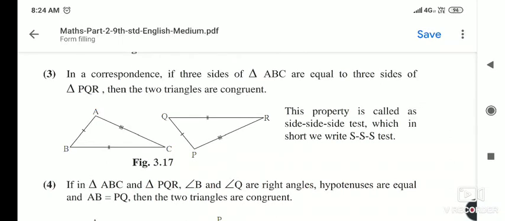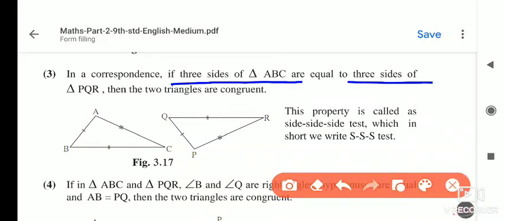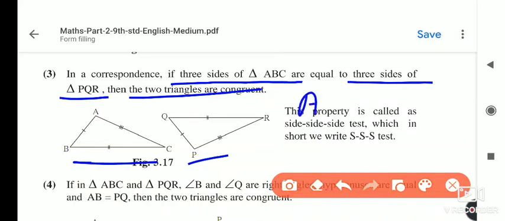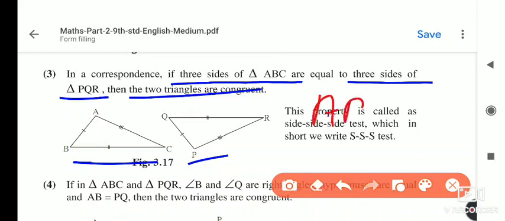Now we will move towards the next, that is the third test, the SSS test. In a correspondence, if three sides of ABC are equal to the three sides of PQR, then the two triangles are congruent to each other. So here in the figure shown, AB is equal to PQ, this is the congruence sign.